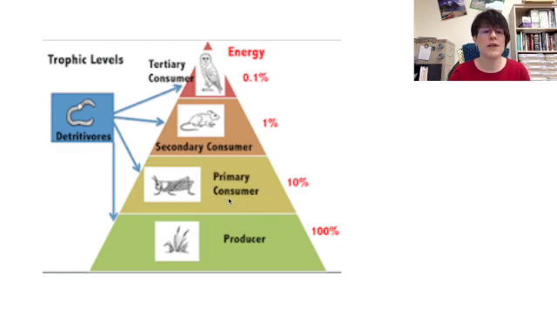Just above them, just above the grass, I have a grasshopper, and it says primary consumer because grasshoppers eat the grass. And there would be fewer grasshoppers, but if you've ever walked in a field when the grasshoppers are out, there's still quite a few around. So they would be less numerous than the producers. Then there would be the secondary consumer.